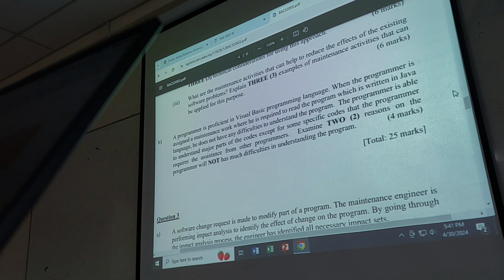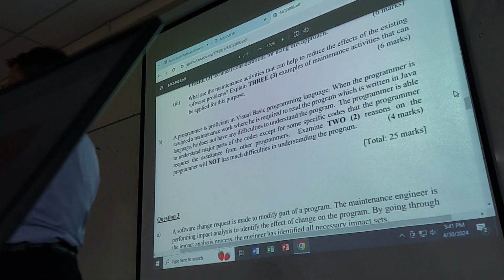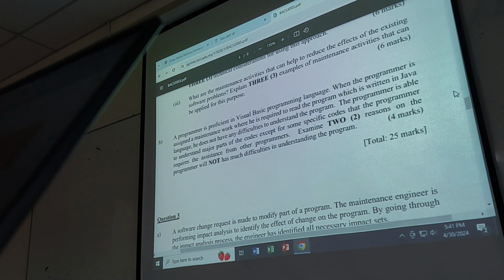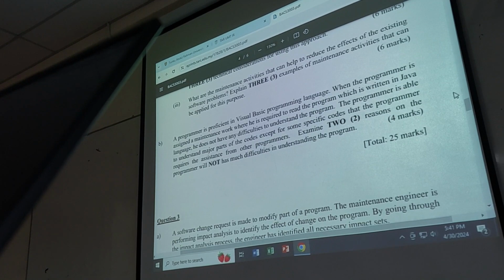Read the B first. So this is regarding a programmer who is proficient in Visual Basic, but I don't think you learned Visual Basic, right? When the programmer is assigned a maintenance task where he is required to read a program written in Java, he does not have any difficulties understanding it.